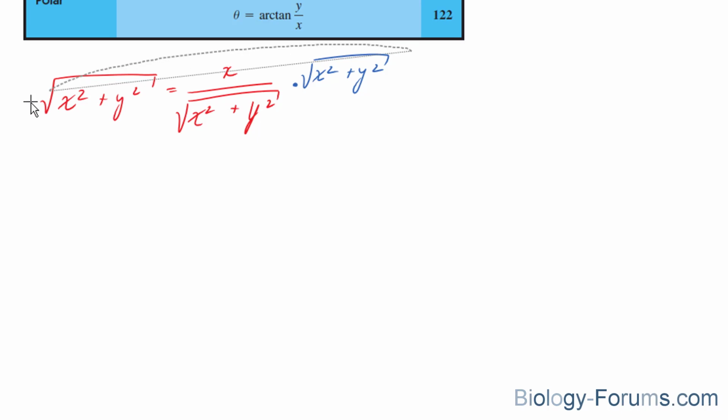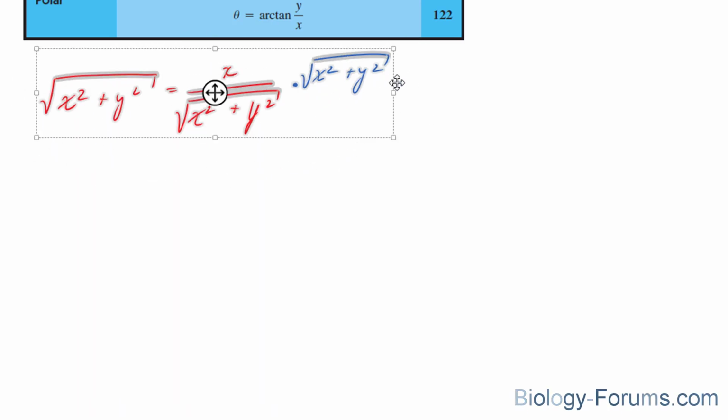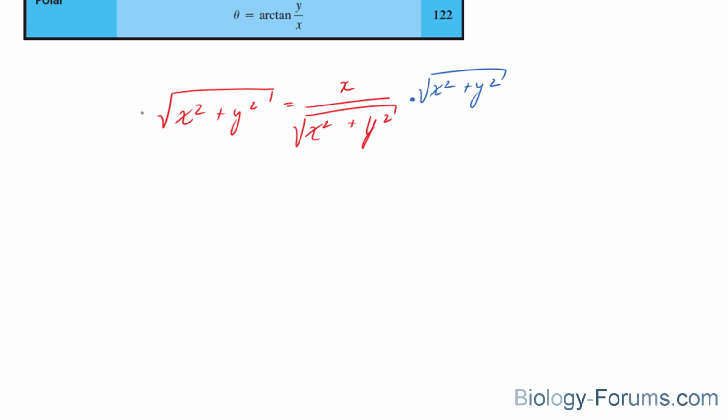And similarly, if I do that to the right side, I also have to do it to the other side. If I multiply this side by this expression, this part cancels out, and I end up with x is equal to this multiplied to this.